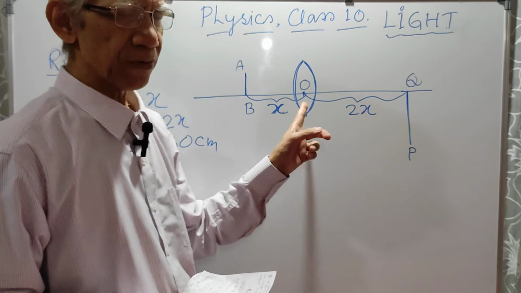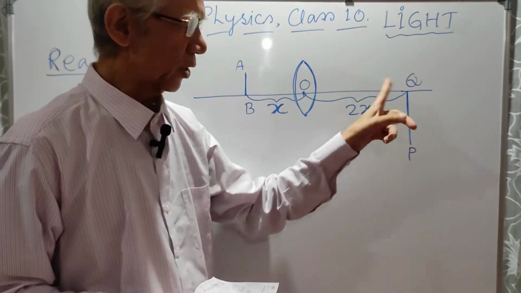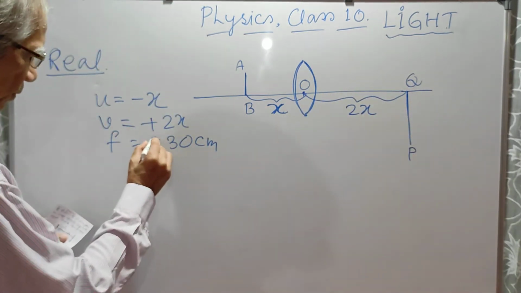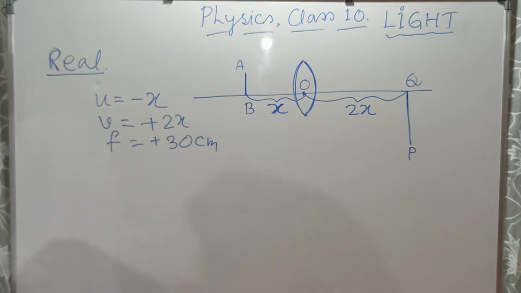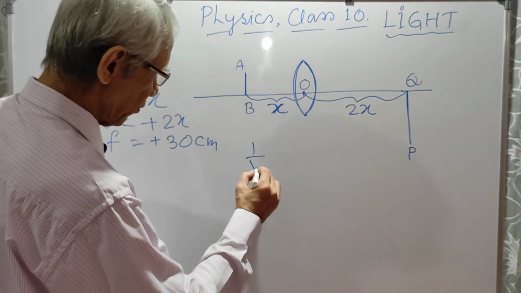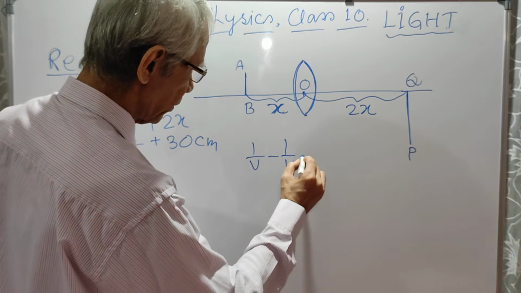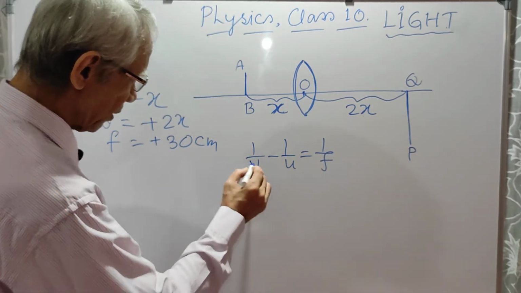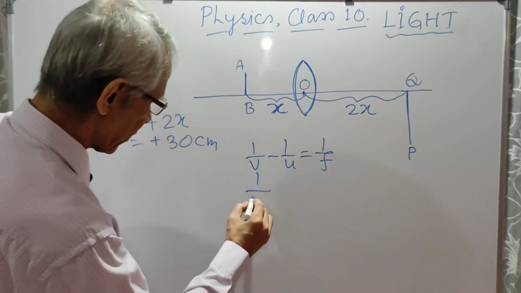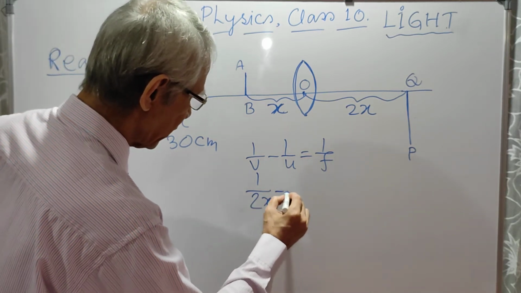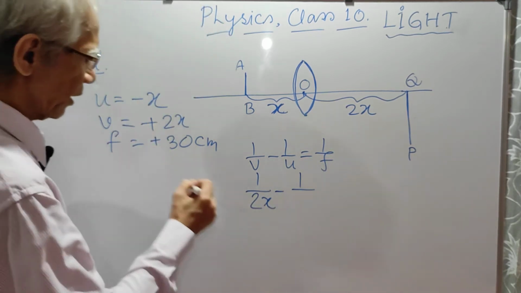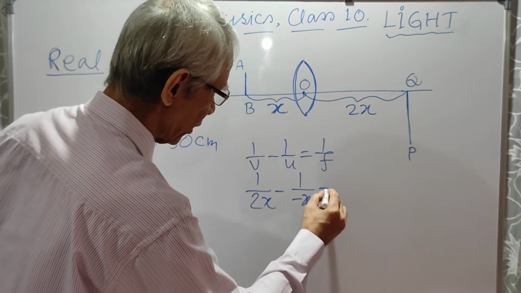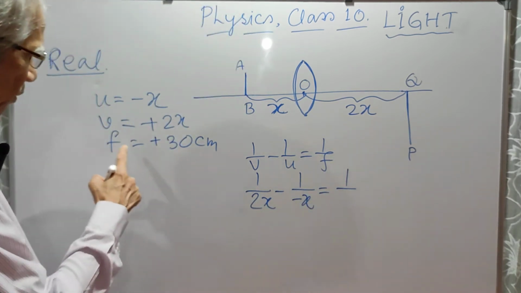Now for this lens, focal length is positive. Now we can use the lens formula. So what is the lens formula? 1 by v minus 1 by u equal to 1 by f. Now 1 by v, what is v? 2x. Minus 1 by u, what is u? Minus x. Equal to 1 by f. So 1 by 30.